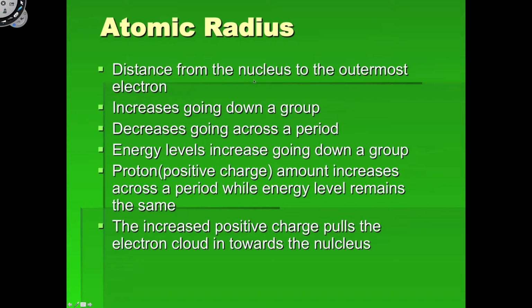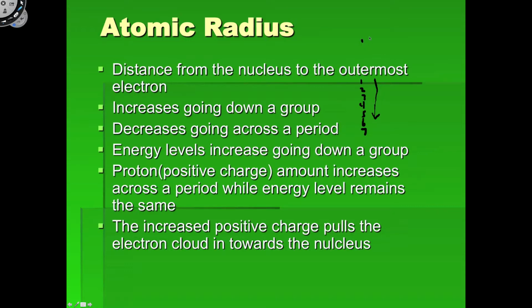So as far as the trend, it increases going down a group. If you think about the periodic table as you go down a column, what are you adding? Well, you're adding energy levels. And we learned earlier that an increase in the energy level means it's farther away from the nucleus.